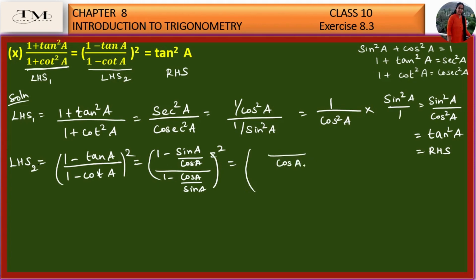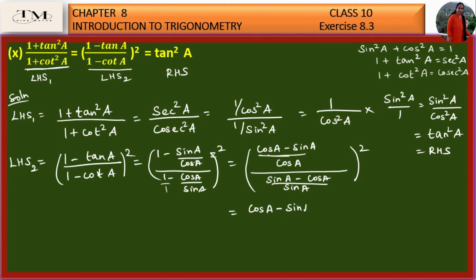If I take cos A as LCM, it will be cos A minus sin A. In the denominator, we have sin A as LCM, so cross multiplying, 1 into sin A minus 1 into cos A. So it is (sin A minus cos A), whole square. Keep the numerator as such, (cos A minus sin A) divided by cos A.